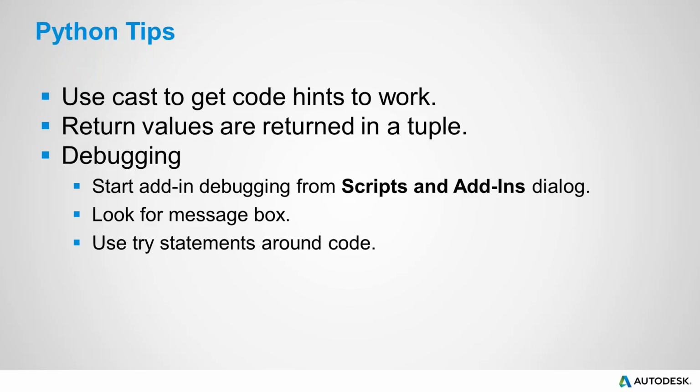And put try statements around your code, because when you're running, if an error hits, it'll just jump out of that function, and you won't see any errors. You don't really get any indication that an error happened, other than you don't get the results that you expected.